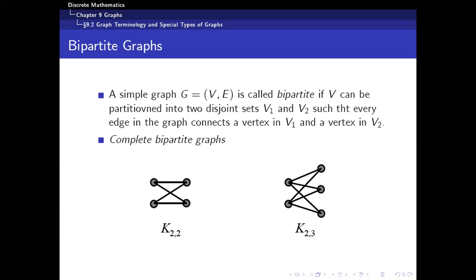So bipartite graph is also a kind of simple graph, that is graph equal to V comma E. What is V and what is E? Can anyone tell me?